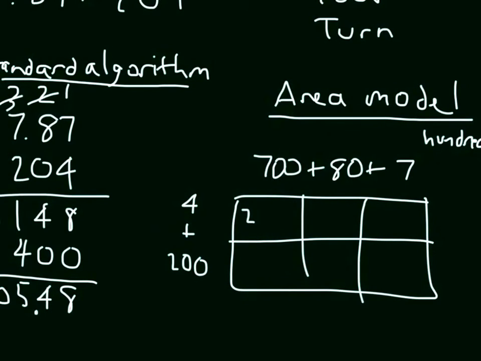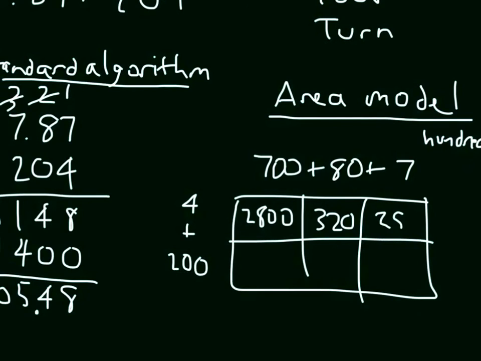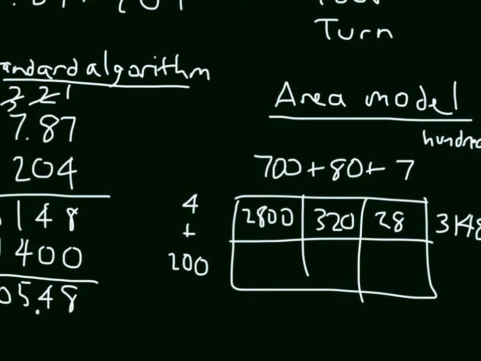And I'll work out my numbers here. That's 2,800. That's 4 times 700. 4 times 80 is 320, and 4 times 7 is 28. Adding those together, 2,800 plus 320 is 3,120, plus 28 is 3,148, which matches my partial product from before.